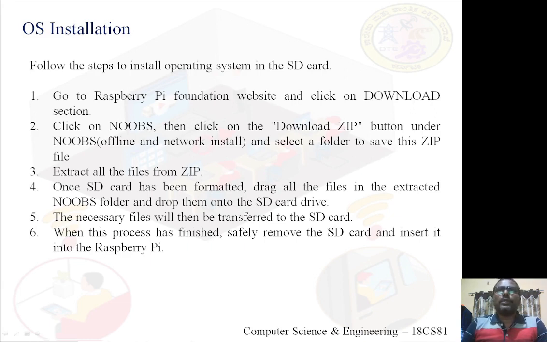Just copy or drag all the files in the extracted NOOBS folder to the SD card that is formatted. I repeat, copy or drag all the files in the extracted NOOBS folder to the SD card that is formatted.